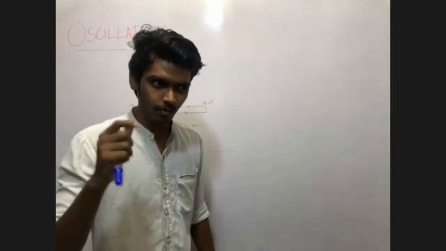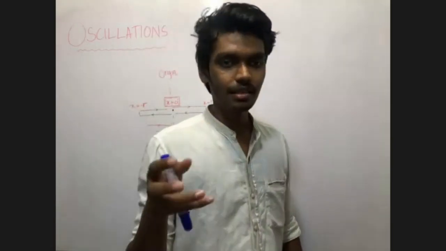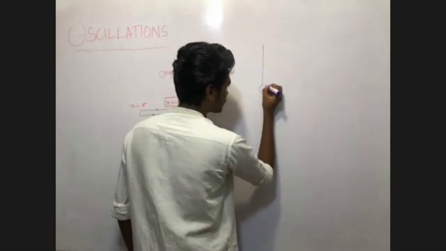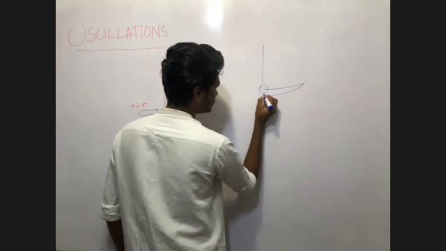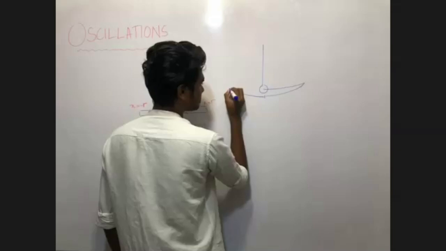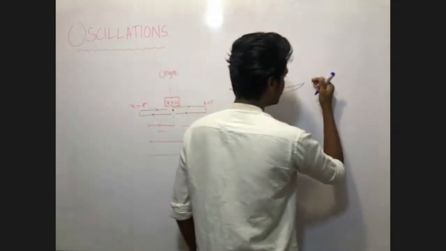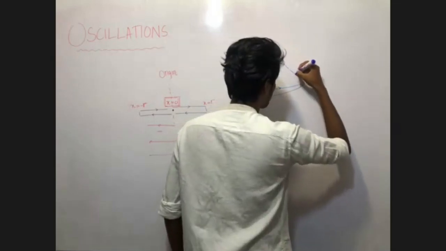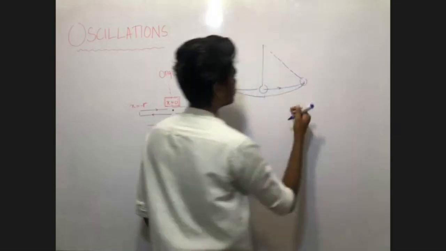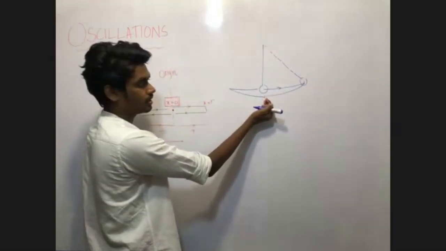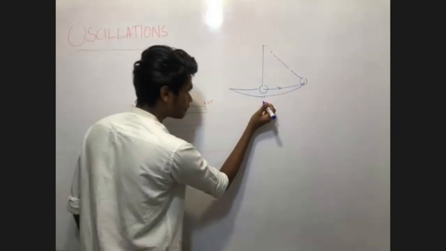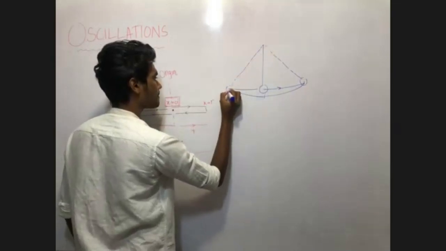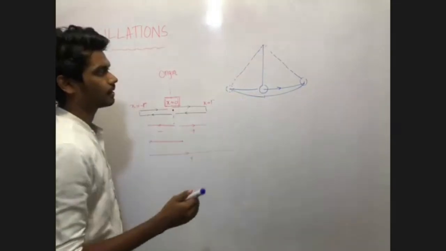The first and foremost, the most popular example is the motion of a simple pendulum, right? It moves towards the right and stops here. Once again, it moves to the left, to the center point, and then again to the left.